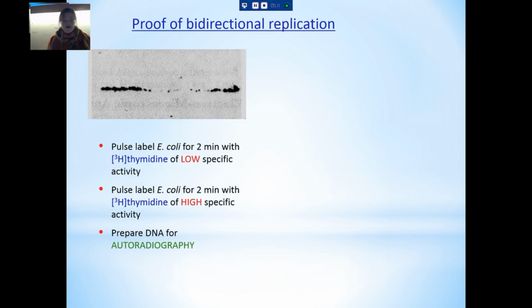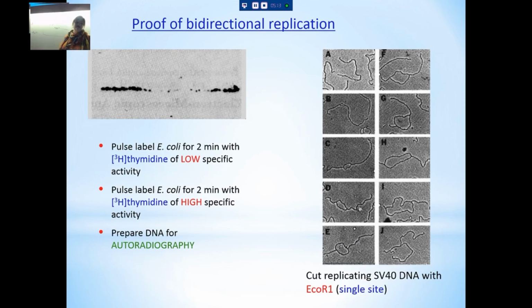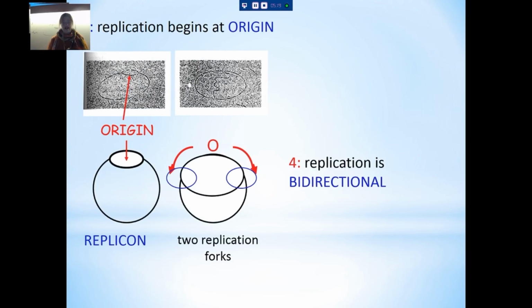How do we know that it moves in two different directions? Well, by doing the same type of experiment that was shown here with the TEM, but this time, rather than just detecting the DNA directly, we detect radiation.